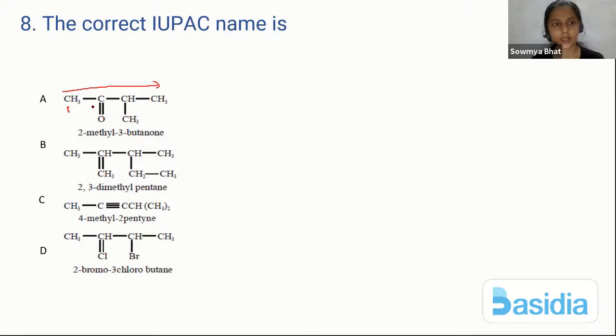You are going to number it as 1, 2, 3, 4 because the double bonded carbon should get the priority. So butanone is at the second position. It should be the other way, 3-methyl-2-butanone. So this is not the correct one. This name for the particular compound given is not right.